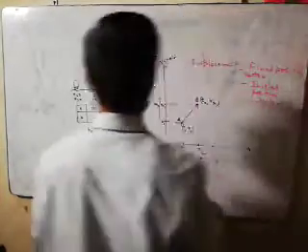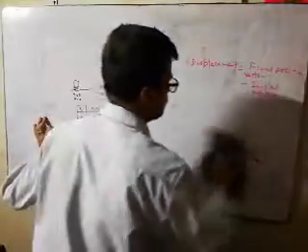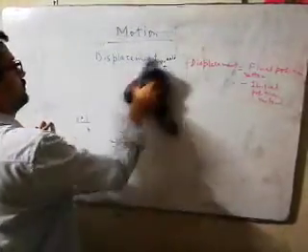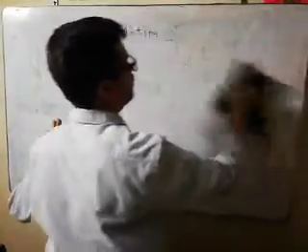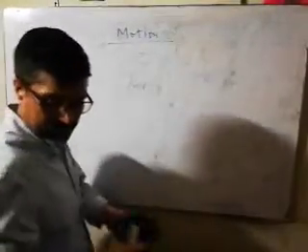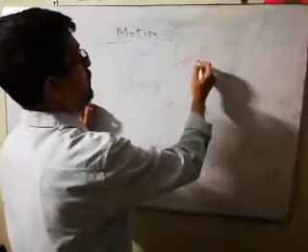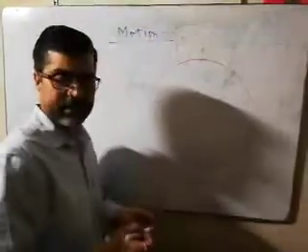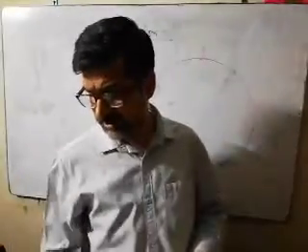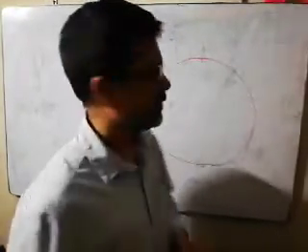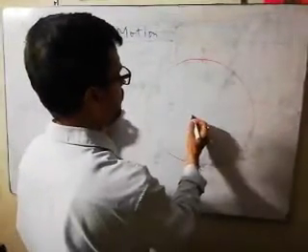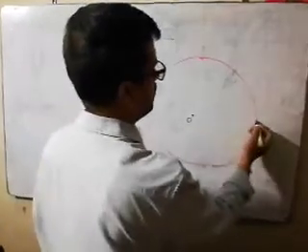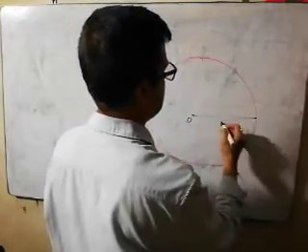The center of the circular path, the radius is r.